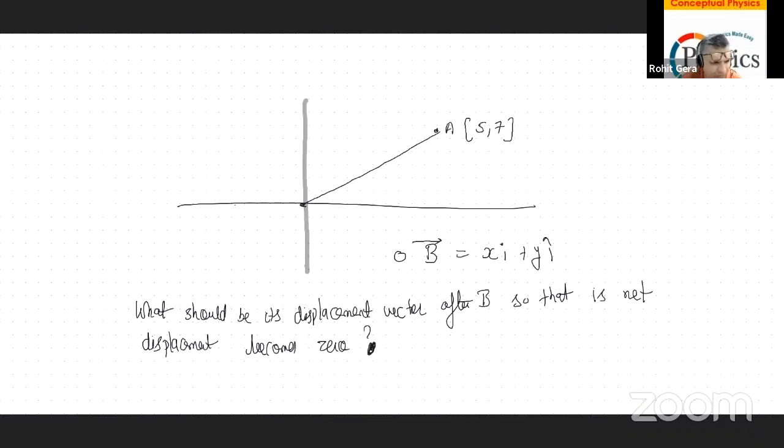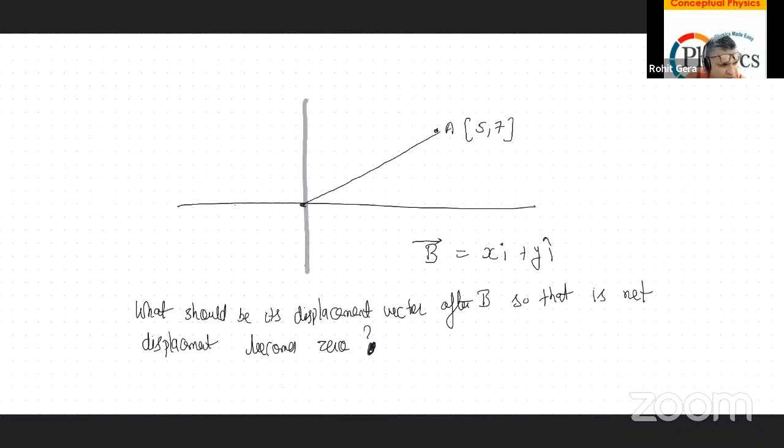So from A it moved to B. We have no clue what that B is. And the question is, from B, what vector do I need to add so that it reaches back to the 0 displacement point?